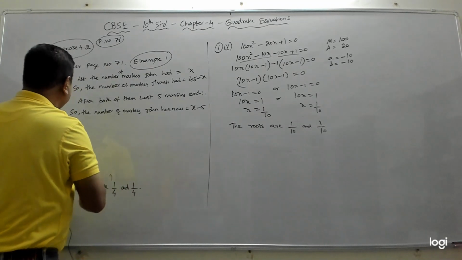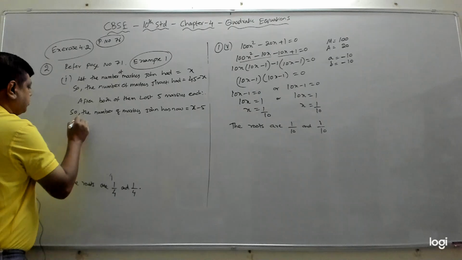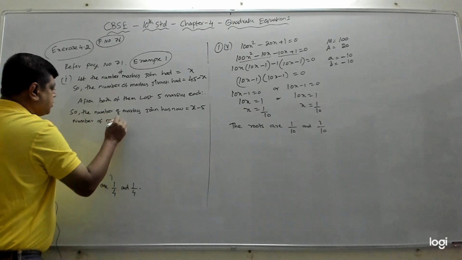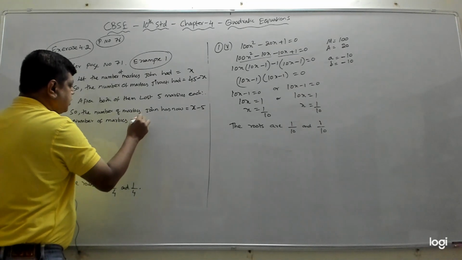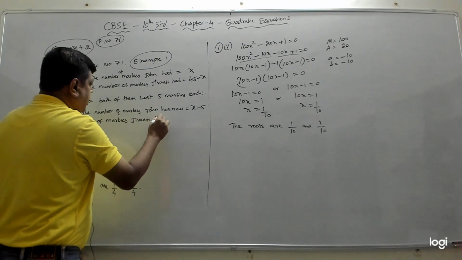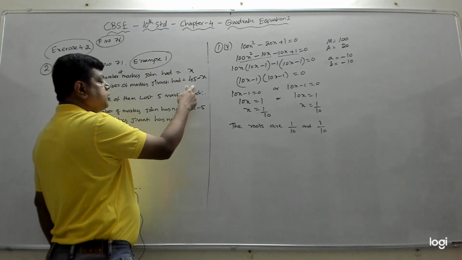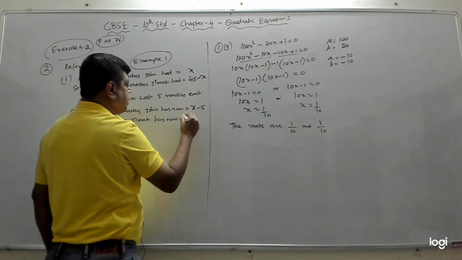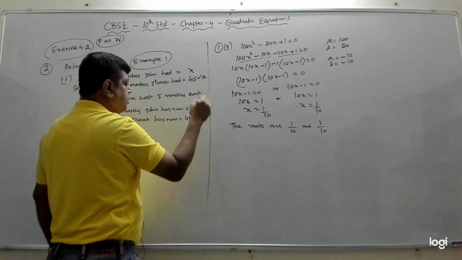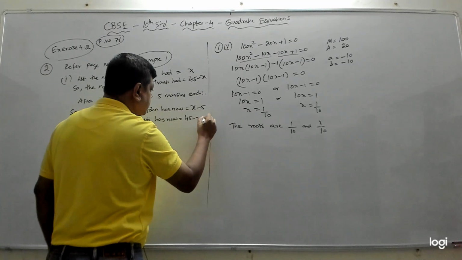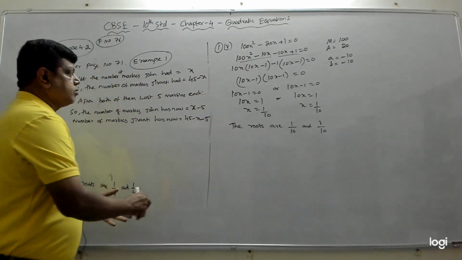The number of marbles Jivanti has now is equal to, she also lost 5 marbles, which means she initially had 45 minus x, and then she also lost 5 marbles, so minus 5. Clear?